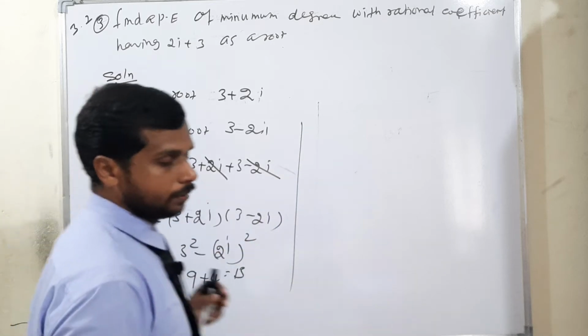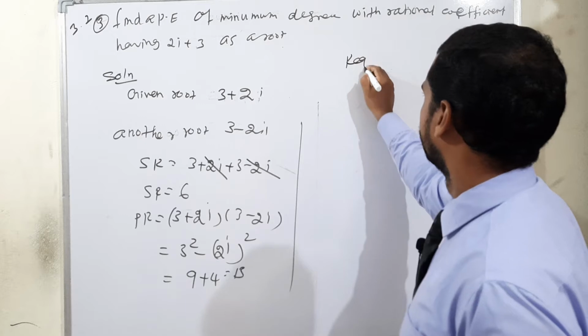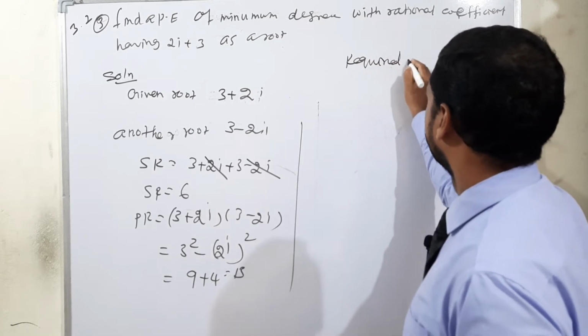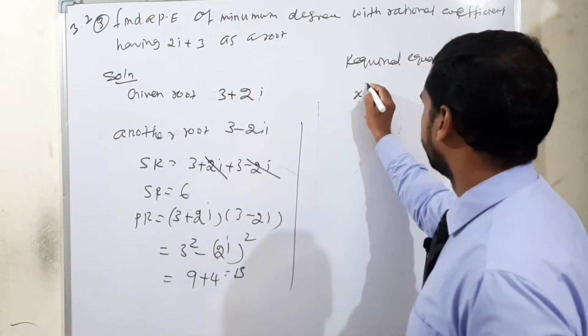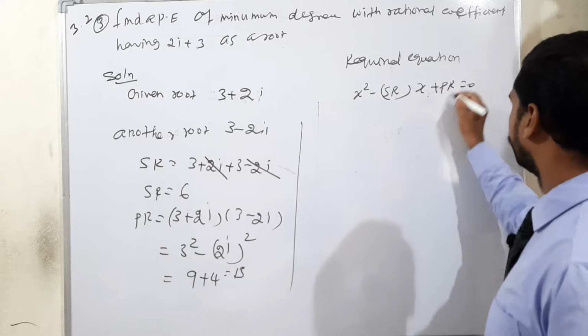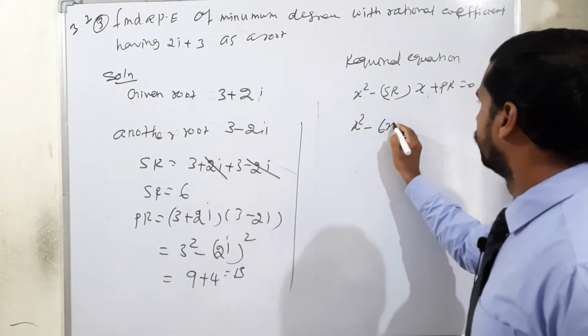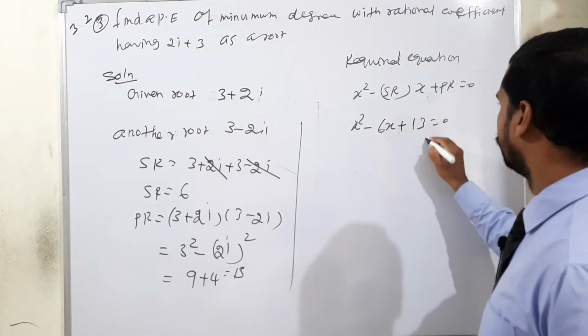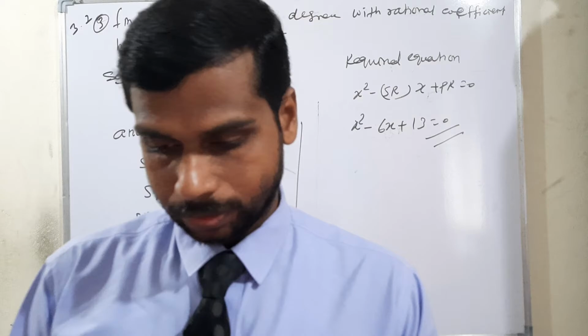Therefore the required equation is x square minus sum of roots times x plus the product of roots is equal to 0. Therefore x square minus 6x plus 13 is equal to 0. This is the final answer. Okay, I will continue with the next question.